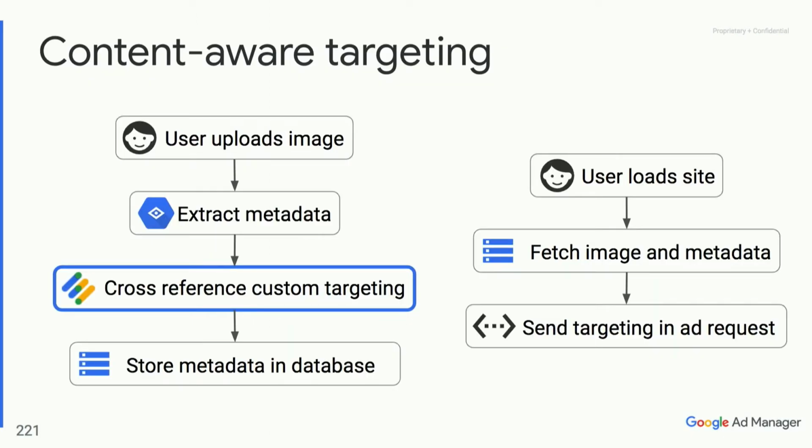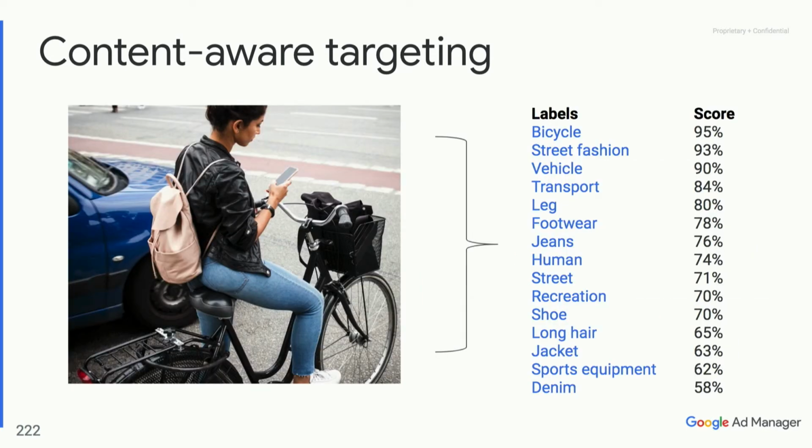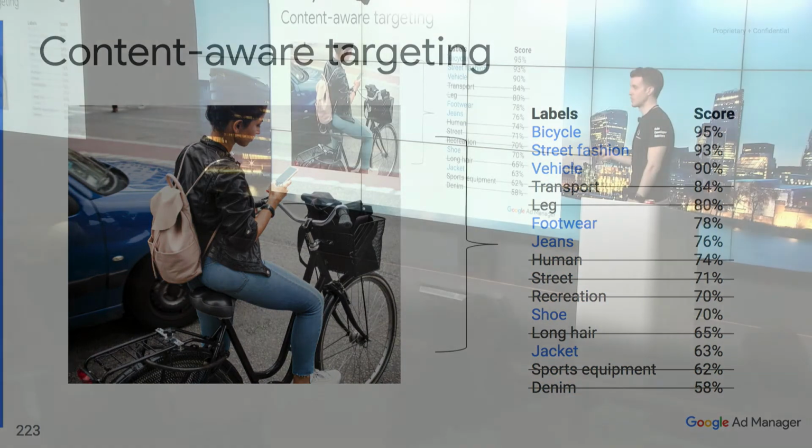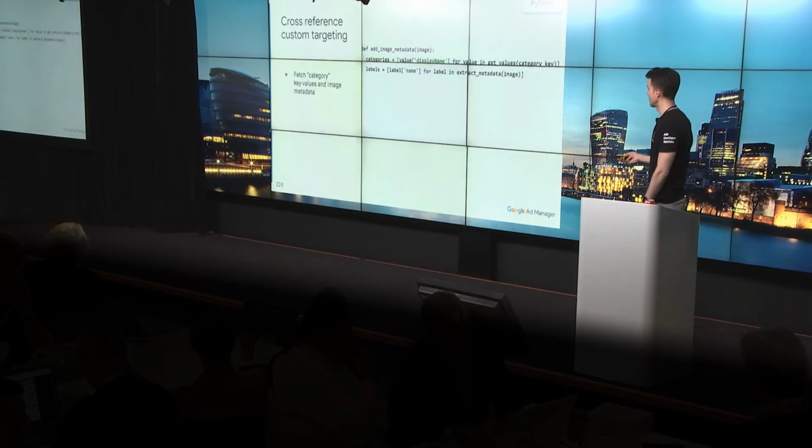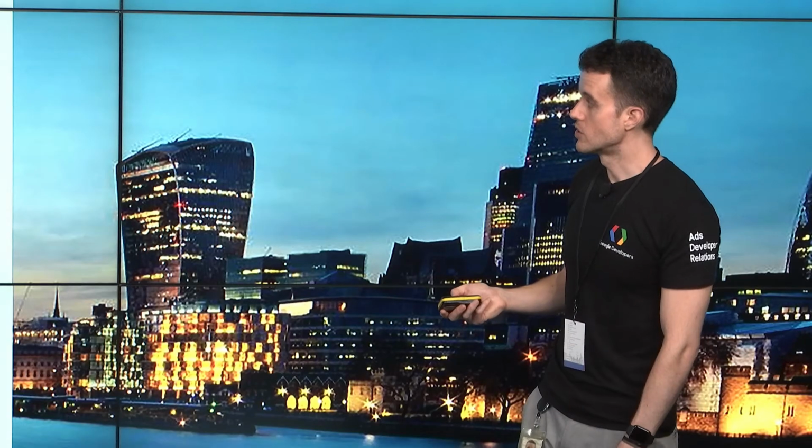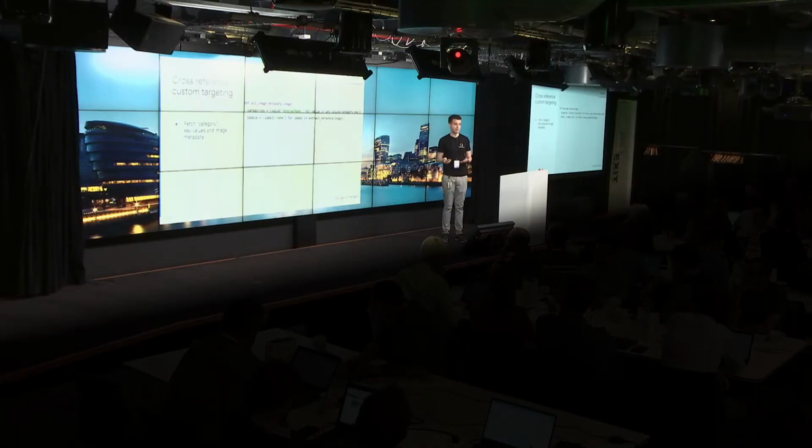So now that we have that metadata, again, we have the full list and we need to trim it down to what's useful to us. So we want to take this and get rid of anything that isn't relevant and we can't use for custom targeting. So the first thing that we need to do is get the categories that we have available to us.